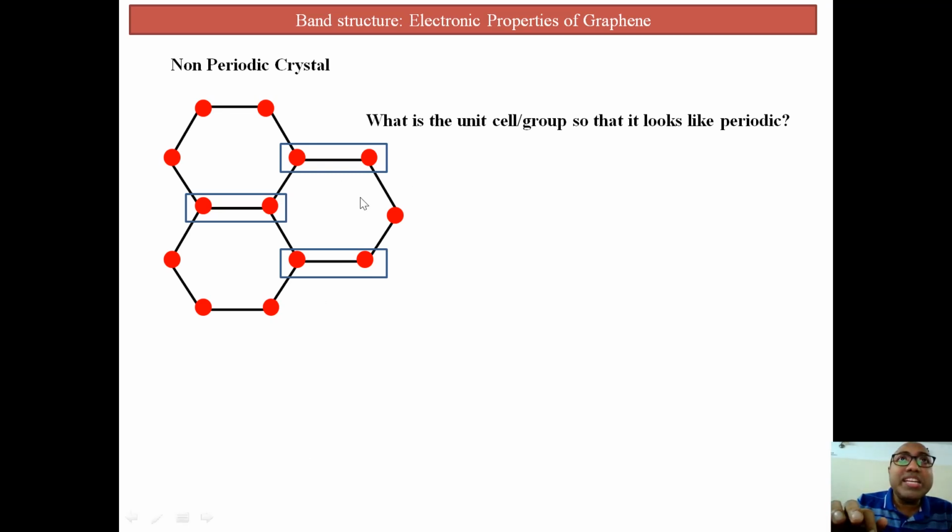Now see, each unit cell has 2 atoms. So how many basis functions do we have? 2 basis functions, because one atom has 1 basis function. So we have to solve a 2 by 2 matrix. The matrix size is 2 by 2, right? 4 components we have to find out.